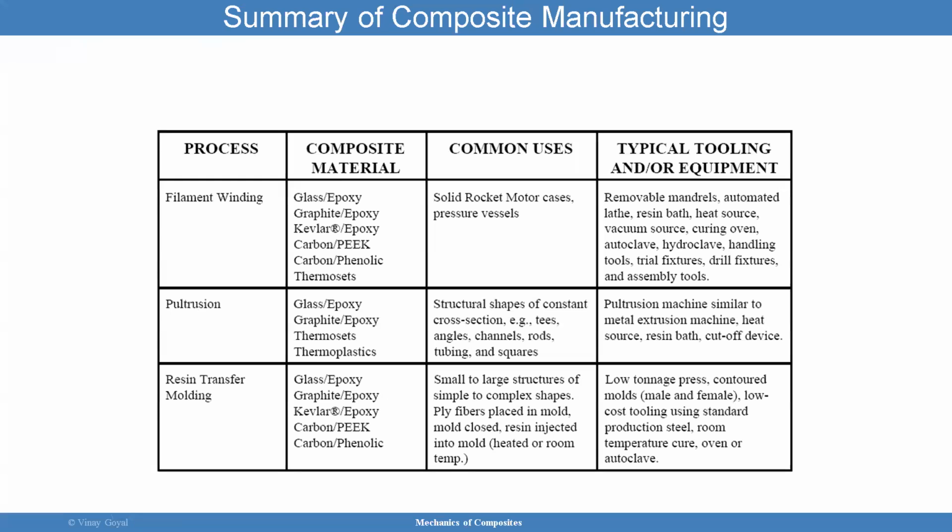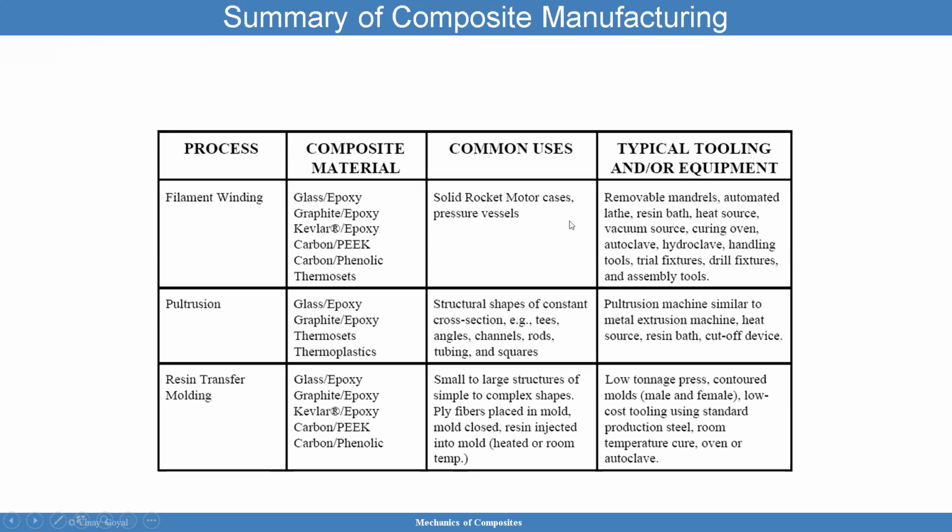Summary of composite manufacturing. Again, filament winding, the kinds of materials you could use. Carbon epoxy is one of them, graphite epoxy, Kevlar, and things like that. So yeah, it shows you the common application, structural rocket motors for the filament winding in these materials. That makes sense. And what typical tooling you need.